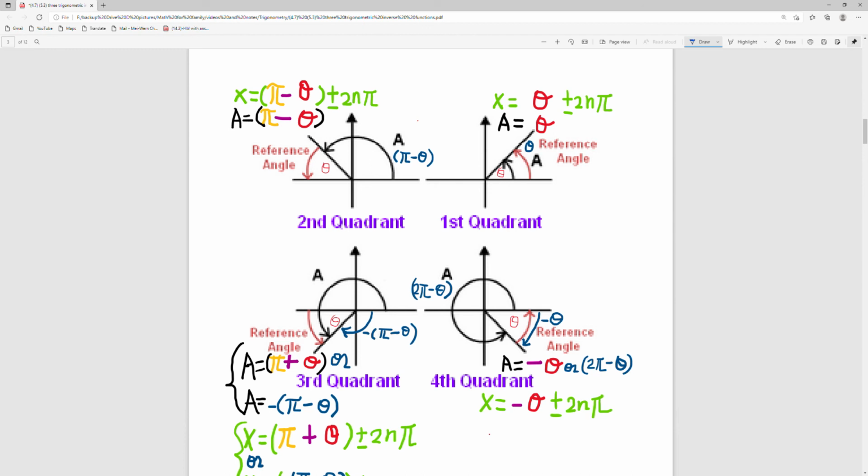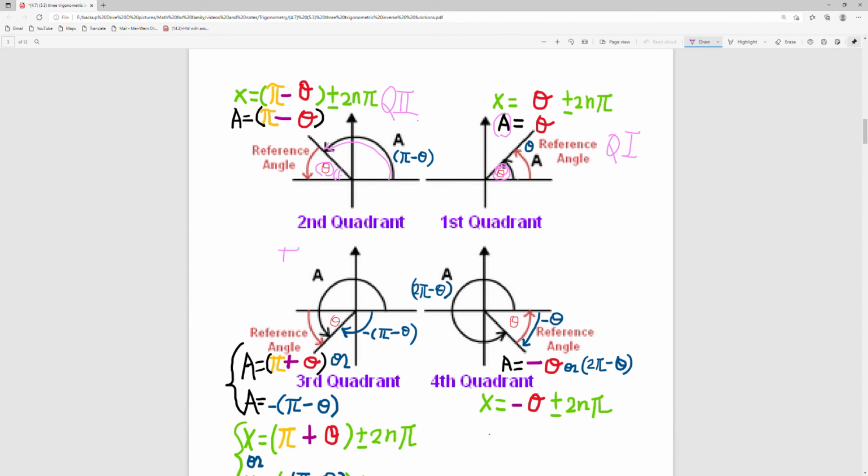So for any angle A, what's the reference angle? I think you learned that in chapter 4. Obviously here you can see this is the reference angle. When you go to quadrant 2, this is angle A, but the reference angle is here.